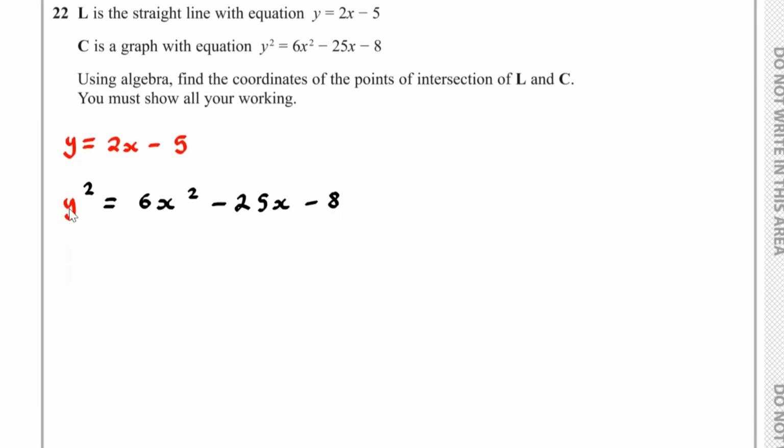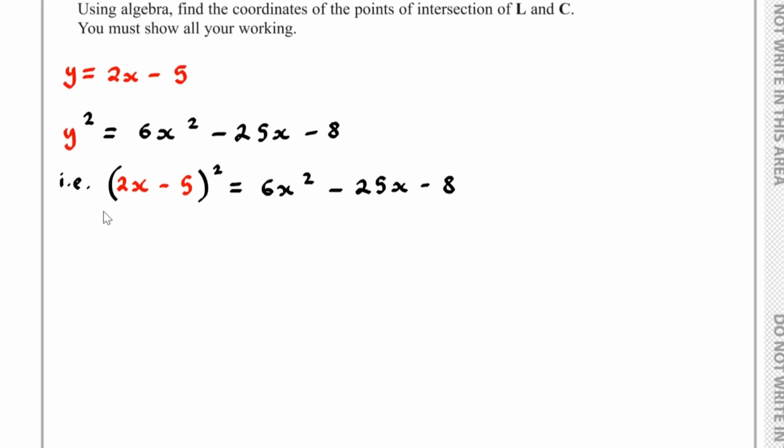And I can replace the y here, so I have 2x minus 5 squared. So I've got 2x minus 5 squared equals 6x squared minus 25x minus 8. So 2x minus 5 all squared, that's going to be 4x squared minus 20x plus 25.